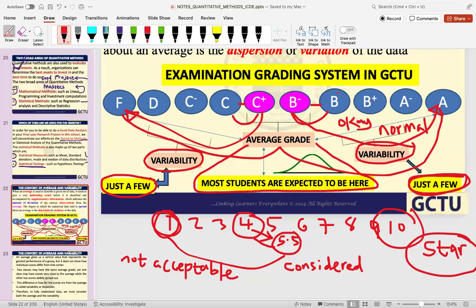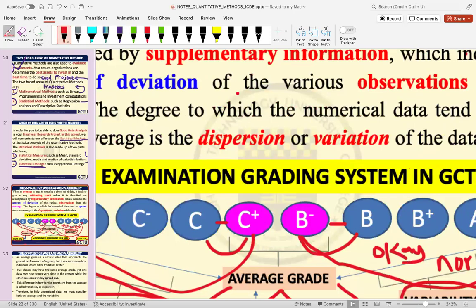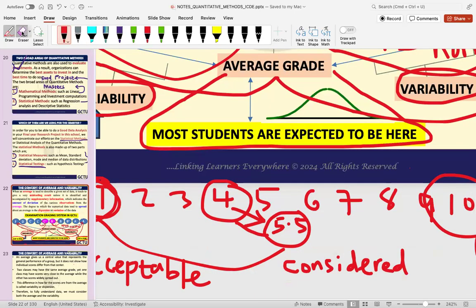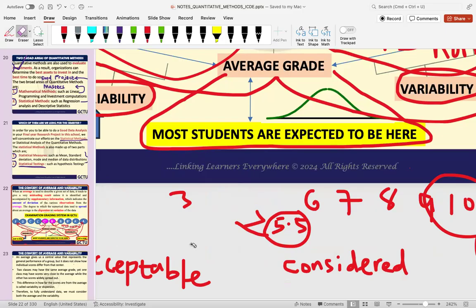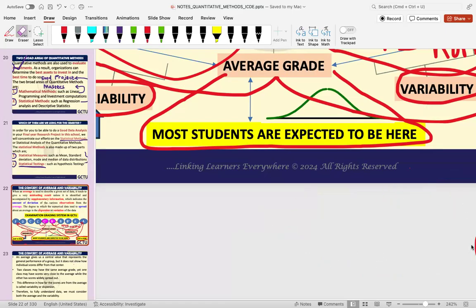So in business, what I want to write for you to know is about the center and the variability. And then we can pick one question and solve it for you to understand what we are doing.